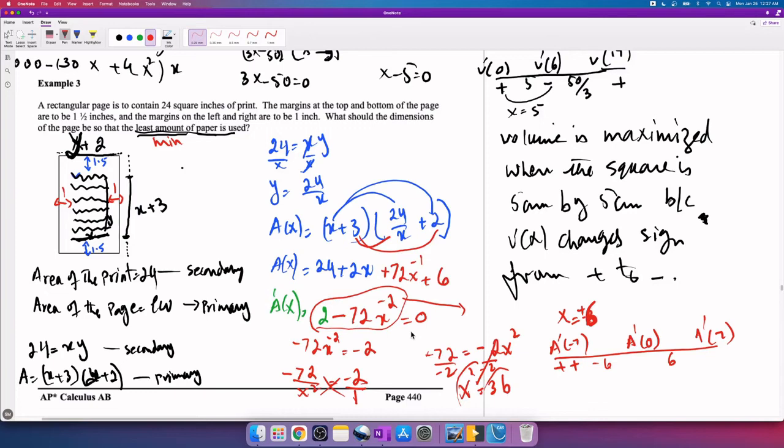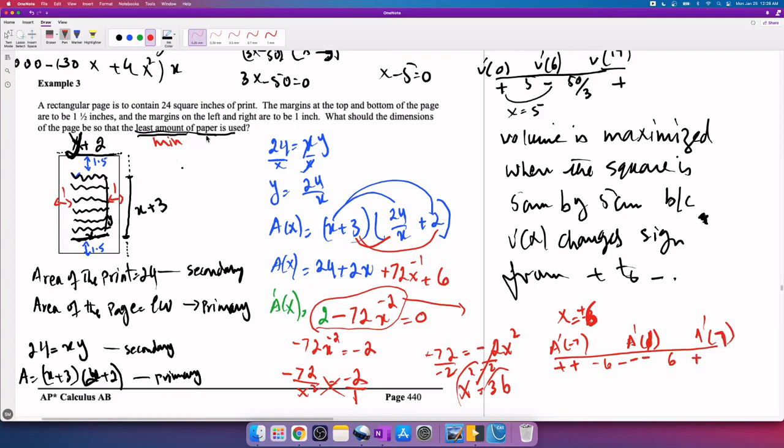This is giving me an error because it's going to be undefined. Let's plug in 1 and see how 1 goes, because 0 is giving me undefined, it's not going to work. So I'm going to go 2 minus 72, and this is going to be 1 to the power negative 2, which gives me a negative answer. So this is negative. And when I plug in 7, this is giving me positive.